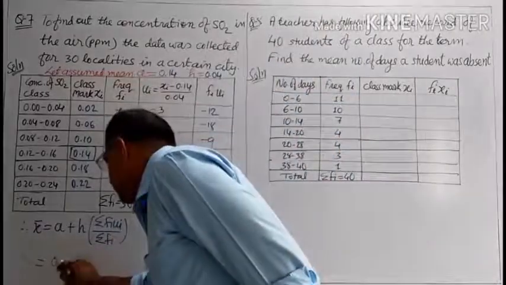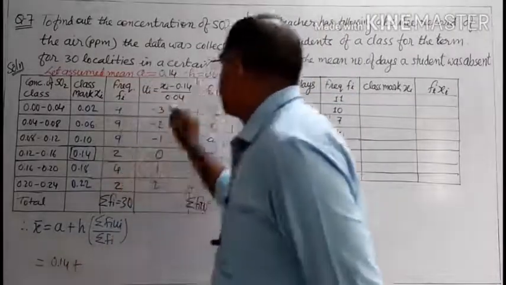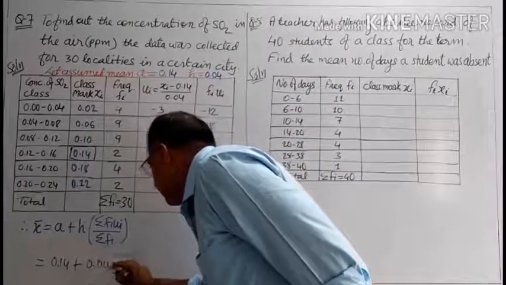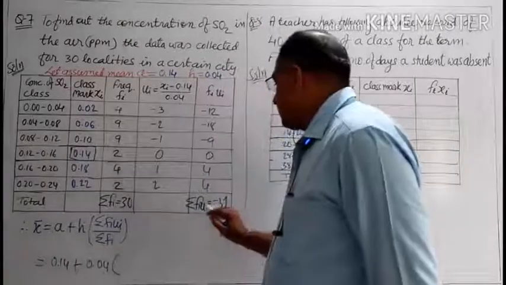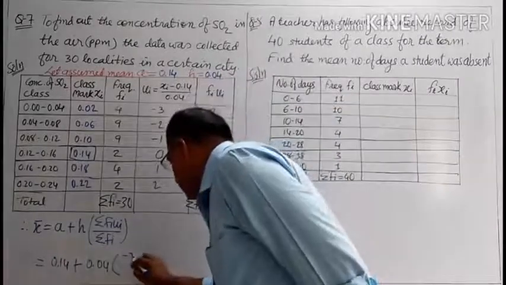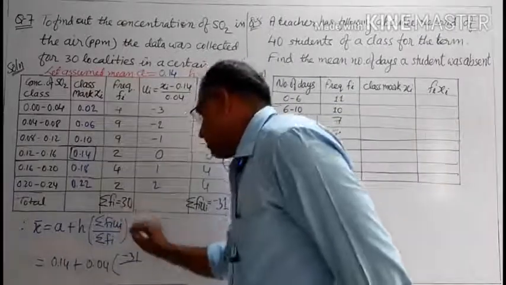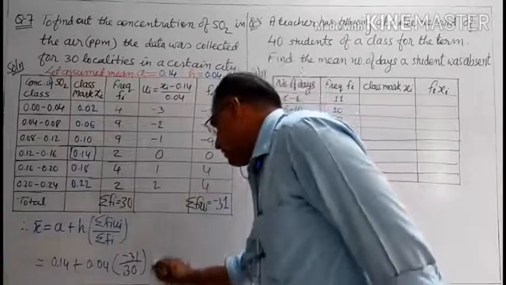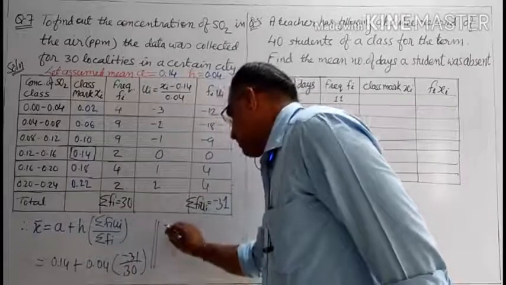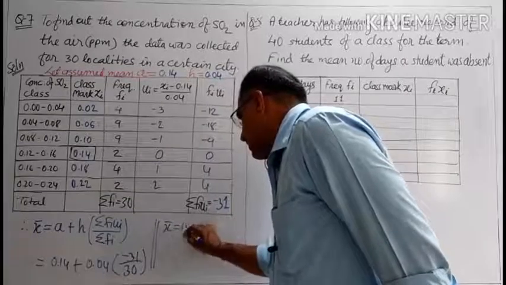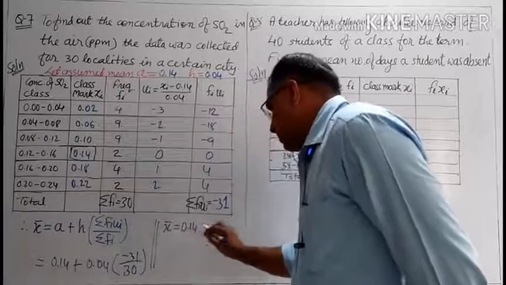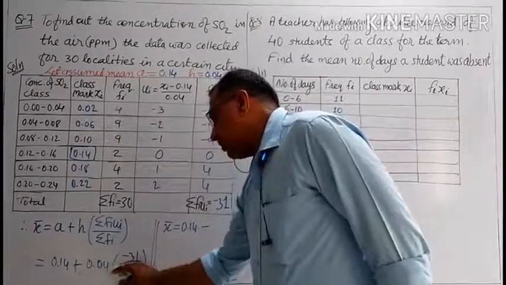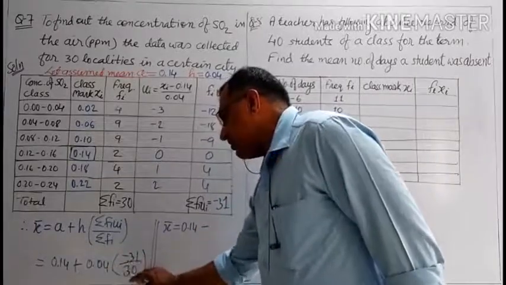So 0.14 plus the class width, that is 0.04, multiplied by negative 31, that is sigma fi ui, negative 31, divided by sigma fi, that is 30, the sum of frequency. So here what will we get? Therefore the mean is equal to 0.14 minus 0.04 multiplied by negative 31 by 30.